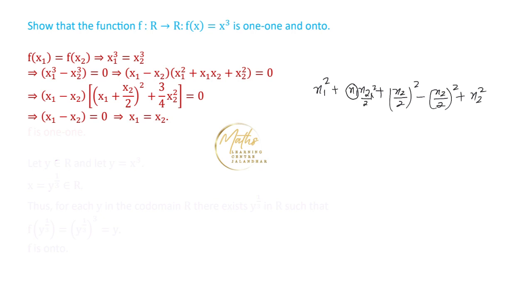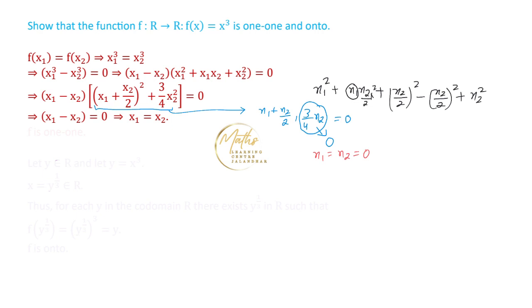And in the second case, if this term is equal to 0, both these terms, x1 plus x2 by 2 and 3 by 4 x2 square, should be 0. So what we get from this is that x1 is equal to x2 is equal to 0.